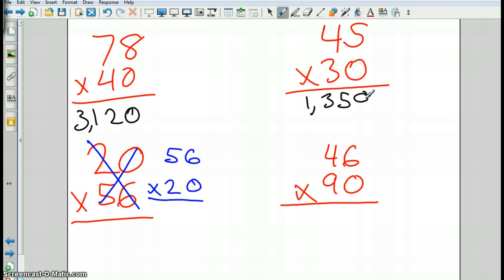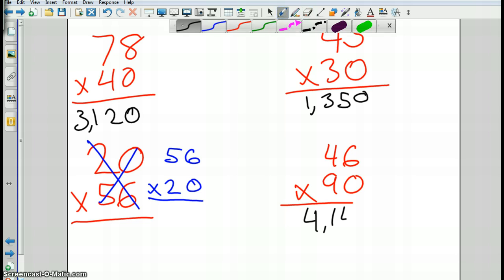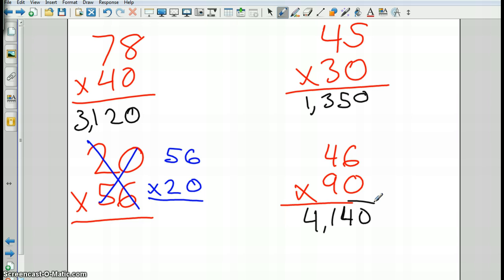The answer for 90 times 46 is 4,140. And the answer for 56 times 20 is 1,120.